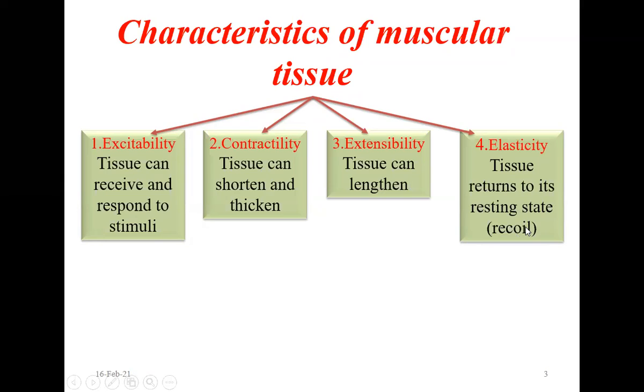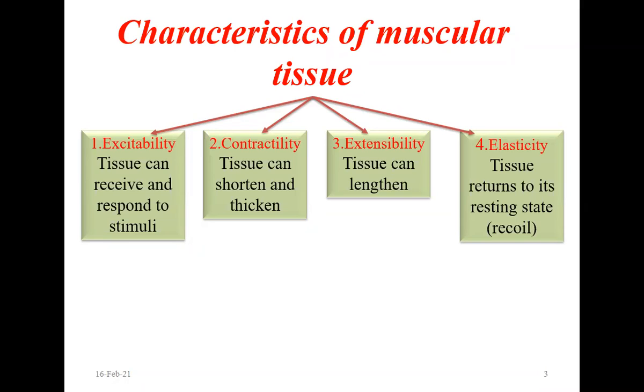Whenever the muscle tissue is pulled apart, as soon as you release it, it will come back to its normal position. Likewise, if it becomes short because of the stimuli, once the stimuli goes, the muscle tissue and cells will return back to their normal position.